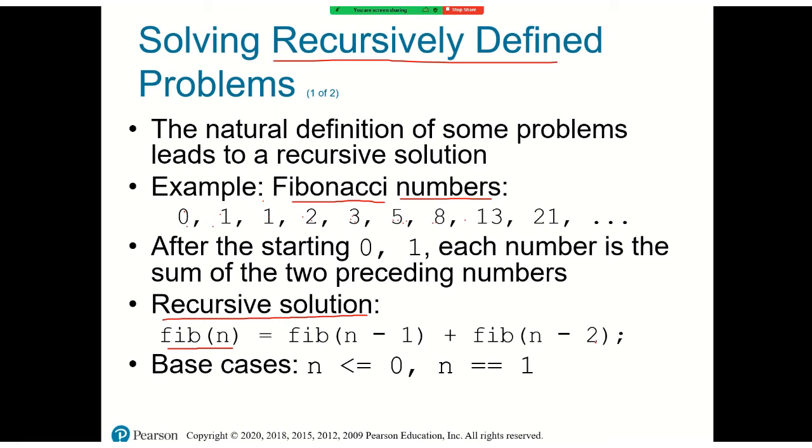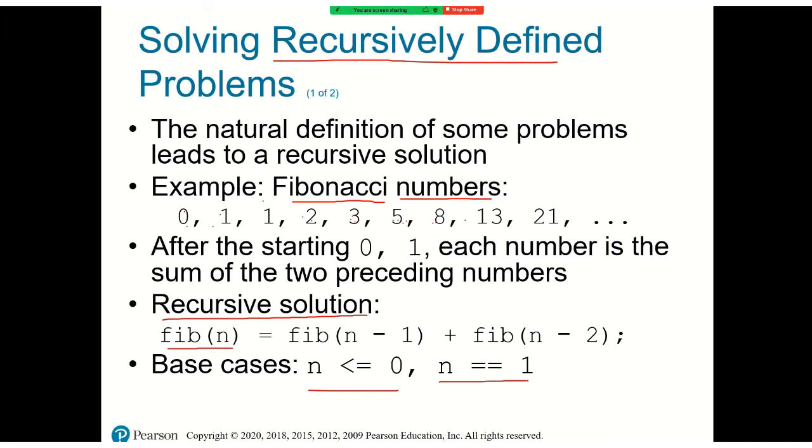In the case of factorial, we were going back to the past product, but in this case, we are going back to the past two numbers and summing them. So your base cases should be n less than or equal to 0, or n equals 1.